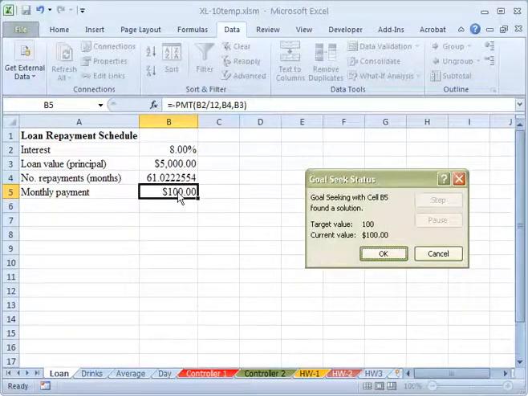Then now this value is changed to 100, and the number of payments is 61 point something. The rate and loan principal are not changed. So the meaning is, instead of paying $122 per month, if you just pay $100, then it might take 62 months instead of 48 months. So this is kind of a what-if scenario. So it shows all that stuff.